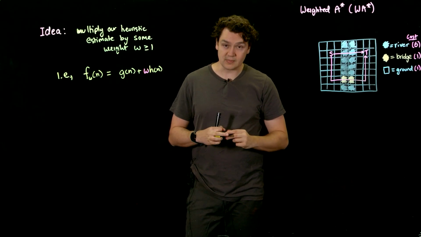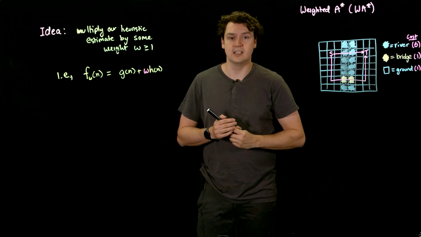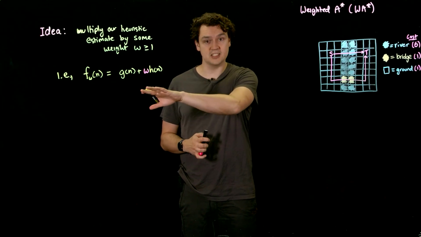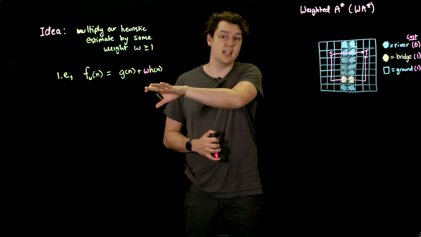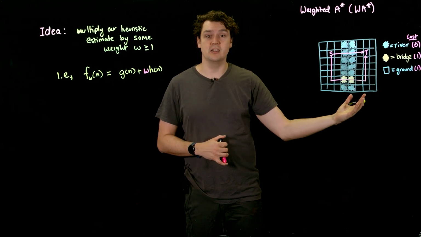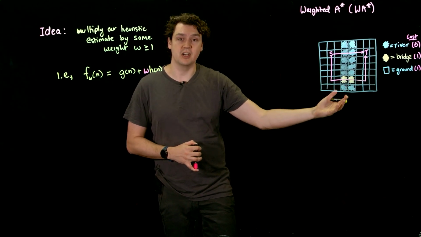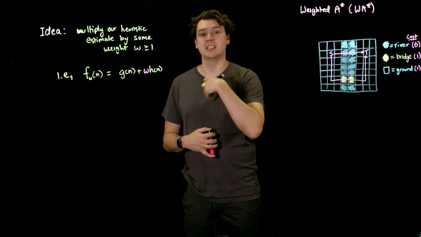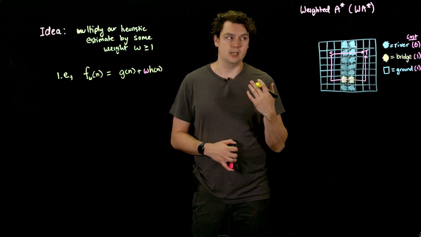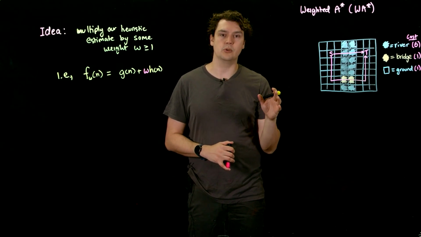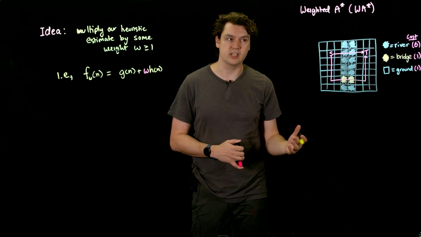Now I think what's exciting about weighted A star is that this is extremely simple to understand and extremely easy to implement, but we can achieve substantially faster performance just by tuning this and selecting a larger w. You will have to explore the actual problems you're solving.